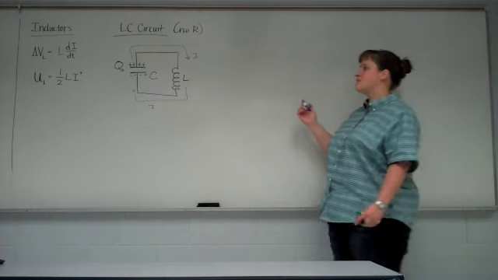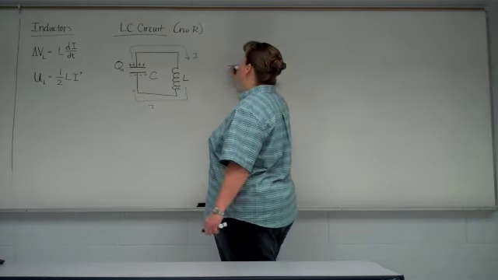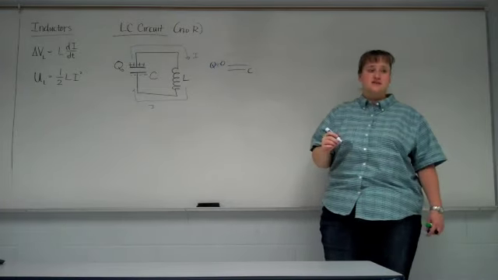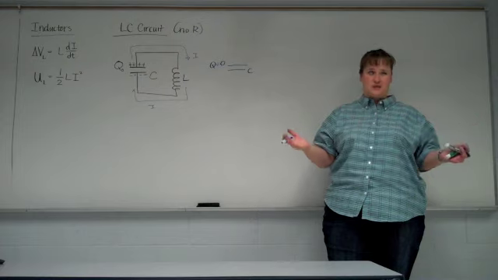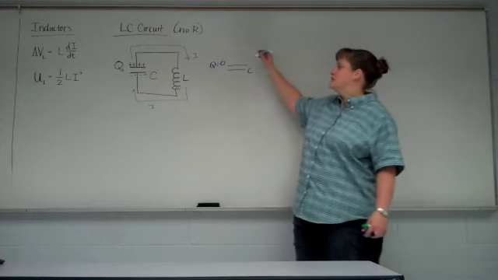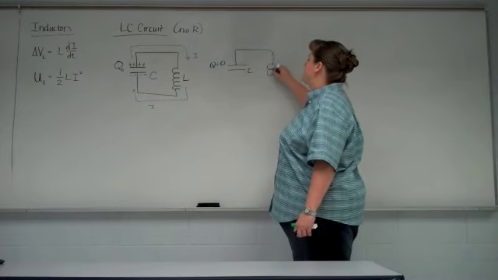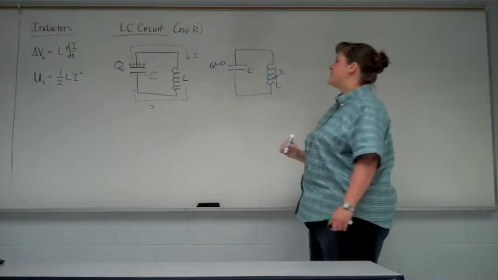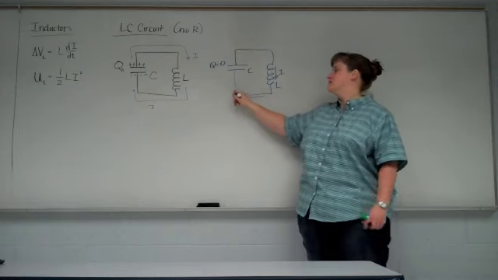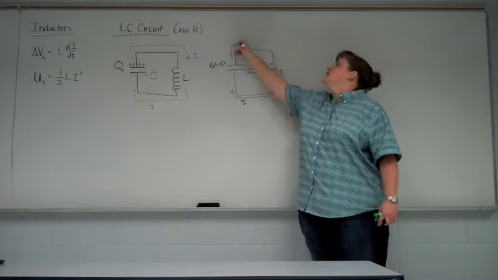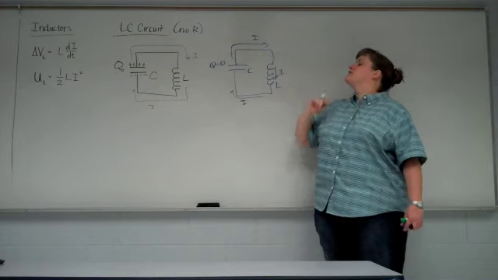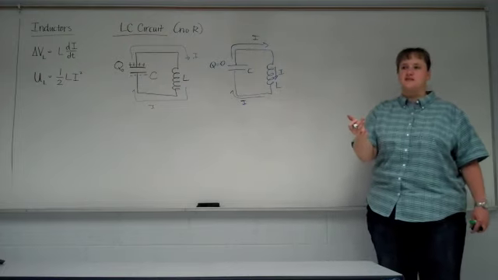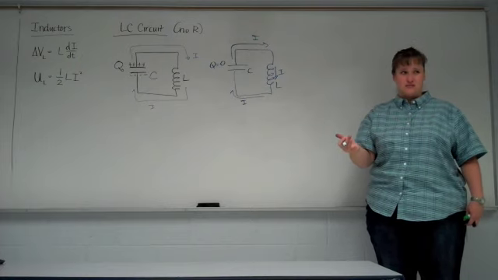Well, at some point, the capacitor's charge is going to go to zero. The capacitor will become completely discharged. At that point in time, all of the charges are moving as current through the circuit. But if the capacitor is completely discharged, it has no more charges to feed to the system, so the current's going to have to go to zero.